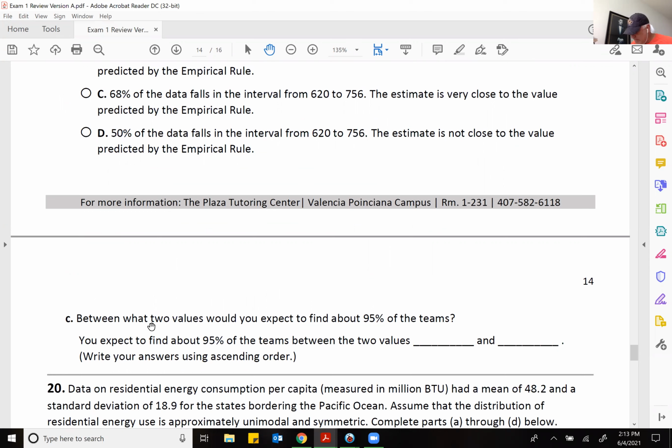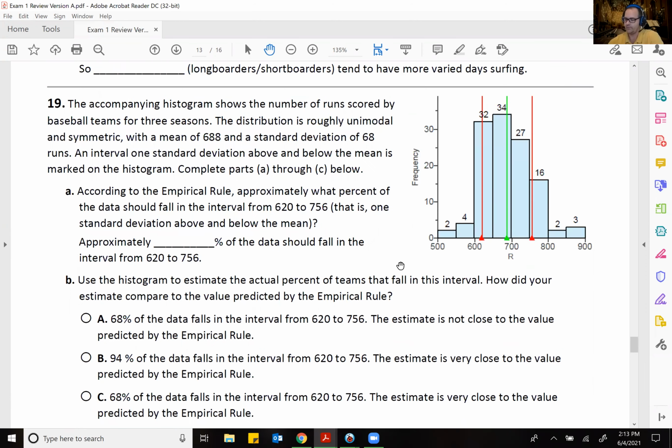So right here, it says between what 2 values would you expect to find 95% of the team? All right. So here I'm going to make a little picture based off of what we know up here. In the middle goes our mean of 688.